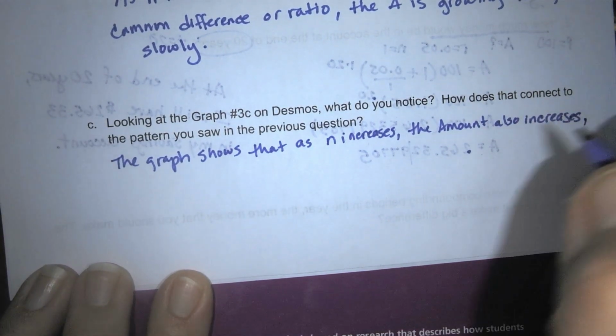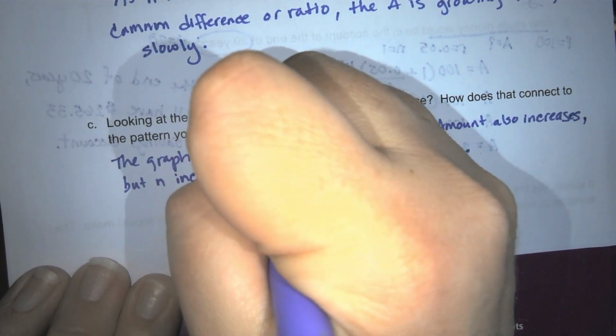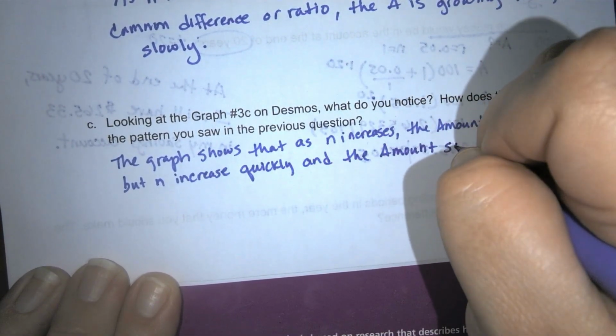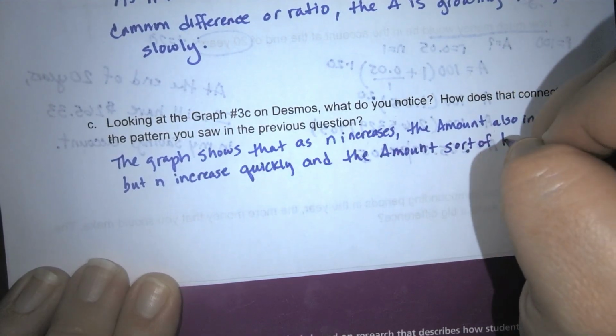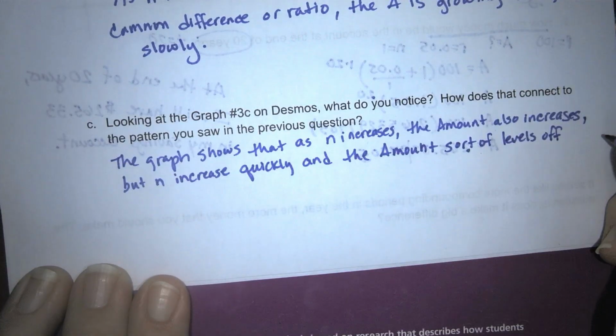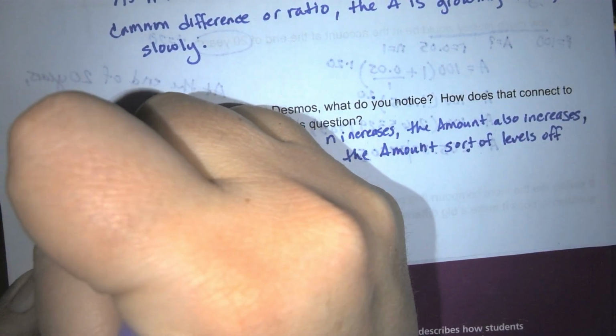But n increases quickly, and the amount, that's our A, remember, sort of levels off around 271. Maybe say just above 271.